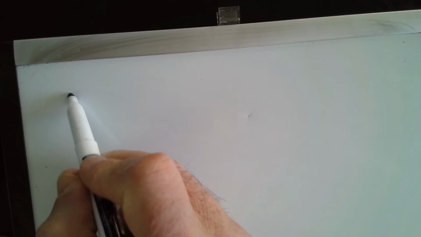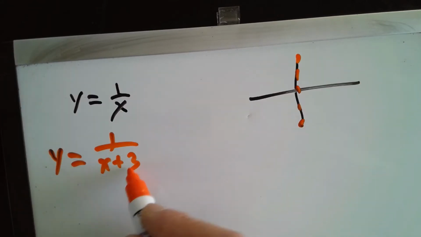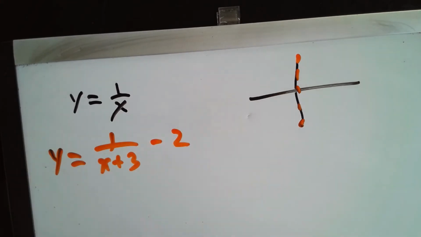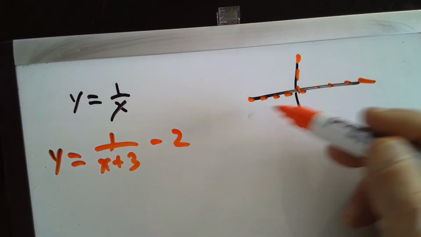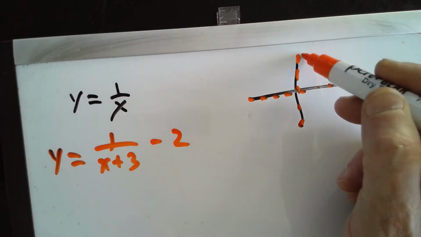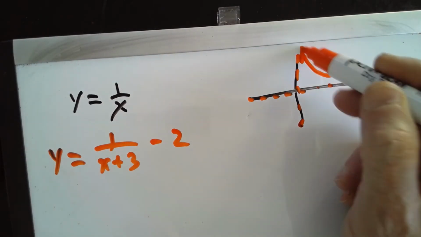So this will be y equals 1 over x plus 3 and then minus 2. Okay, so this is what we've got, and we want to graph that. So what do we call these in the parent graph? These dotted lines. Yeah, asymptotes, right?